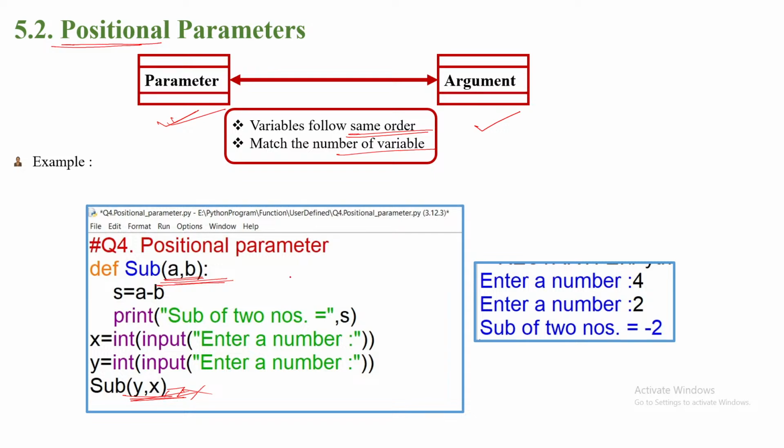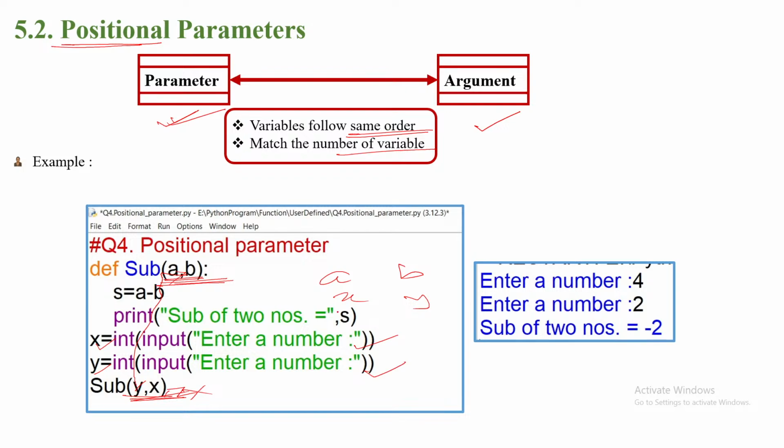So matching the variables. Now variables follow the same order, just like x, y. x is input first number, y is input second number, but here I have written first y, in the function call. That means this one will come to the first, a, not for x. That means you will understand here a, b. Now x, y value, first which value am I entering? x, then afterwards y.